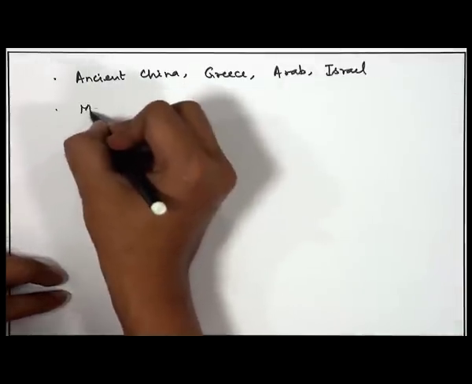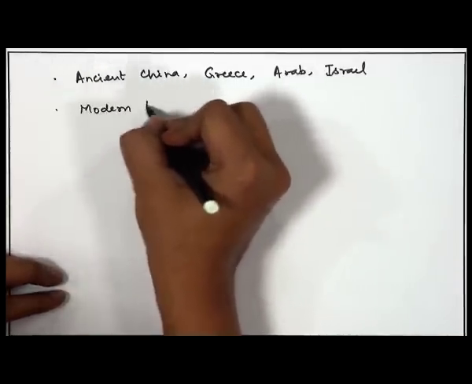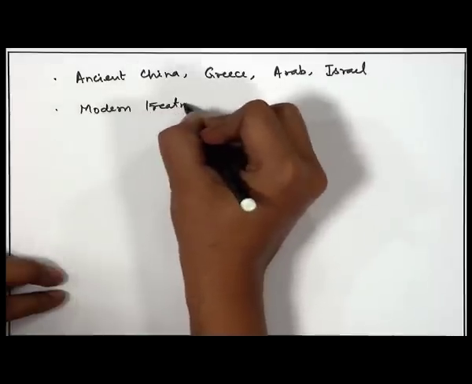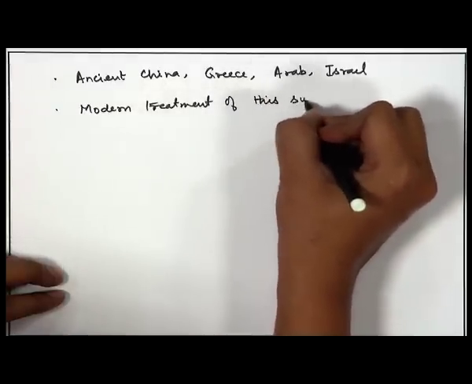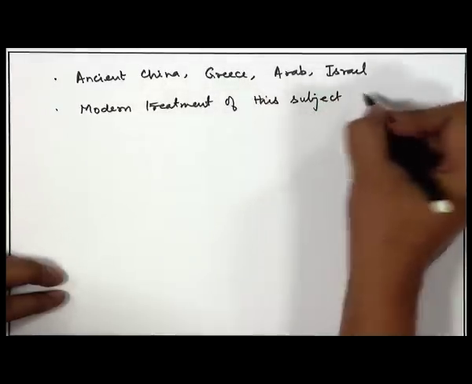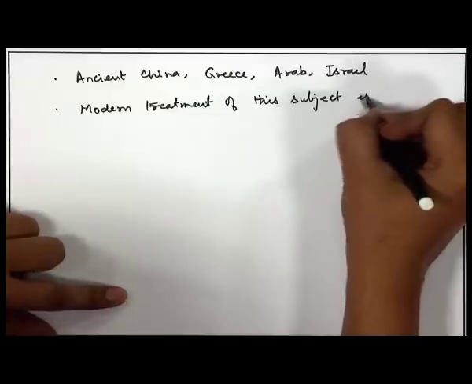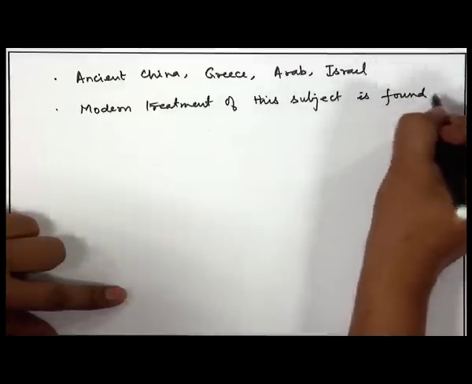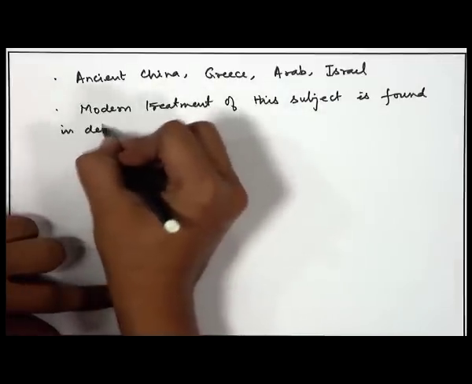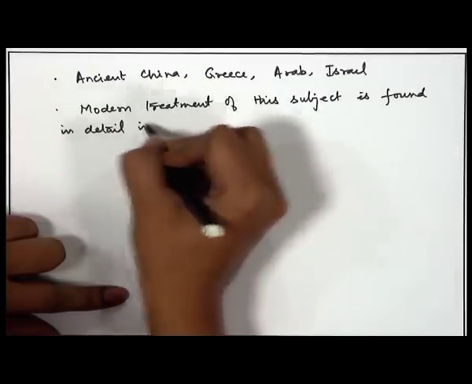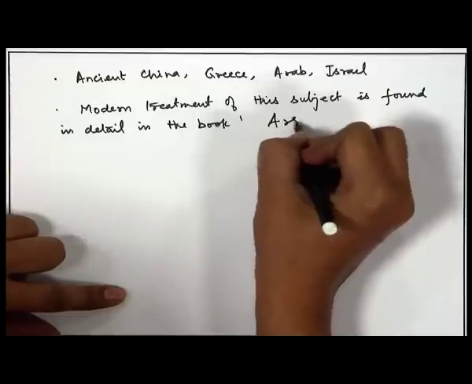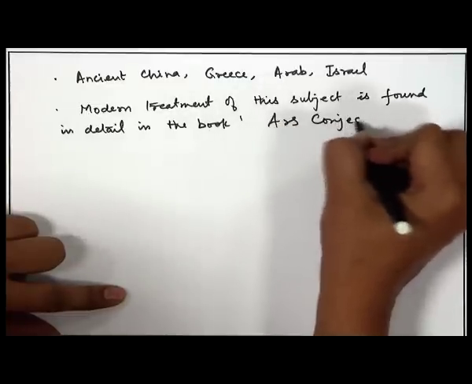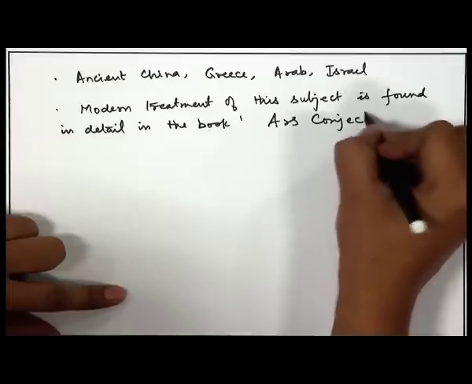The modern treatment of this subject is found in detail in the book Ars Conjectandi.